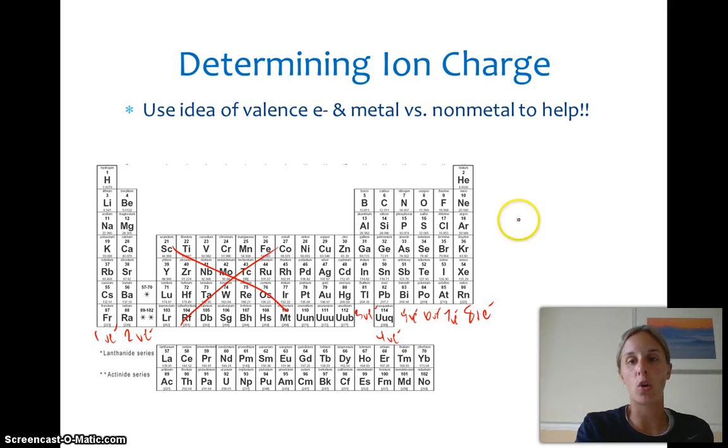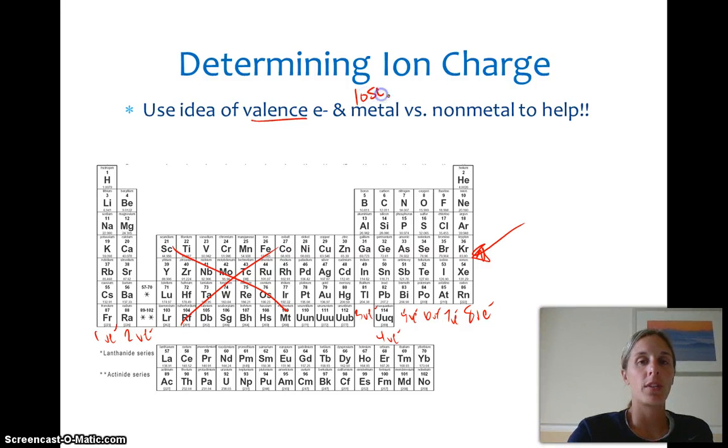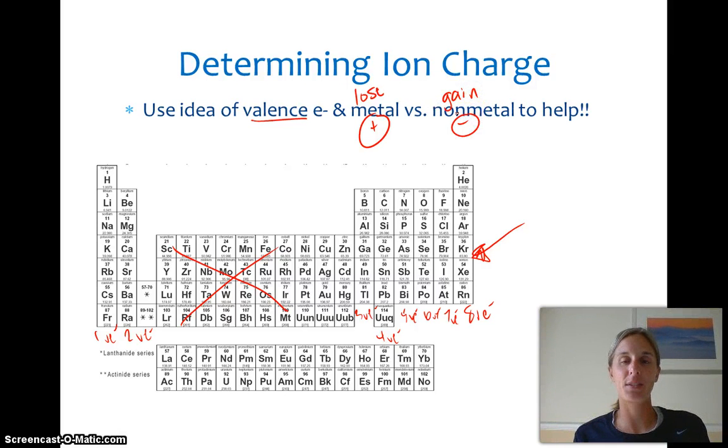And we know that our goal is to go ahead and get to 8 valence electrons. So we can figure out the ion charge for an atom based on its number of valence electrons and whether it's a metal or a nonmetal. Because we know metals are always going to lose to make positive ions, and we know nonmetals are always going to gain to make negative anions.